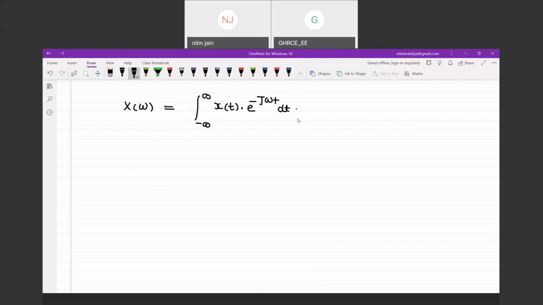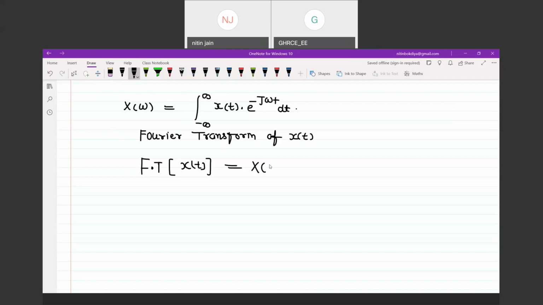This is the Fourier transform of x of t. So what I can say is the Fourier transform of x of t is equivalent to x of omega. This is the idea.